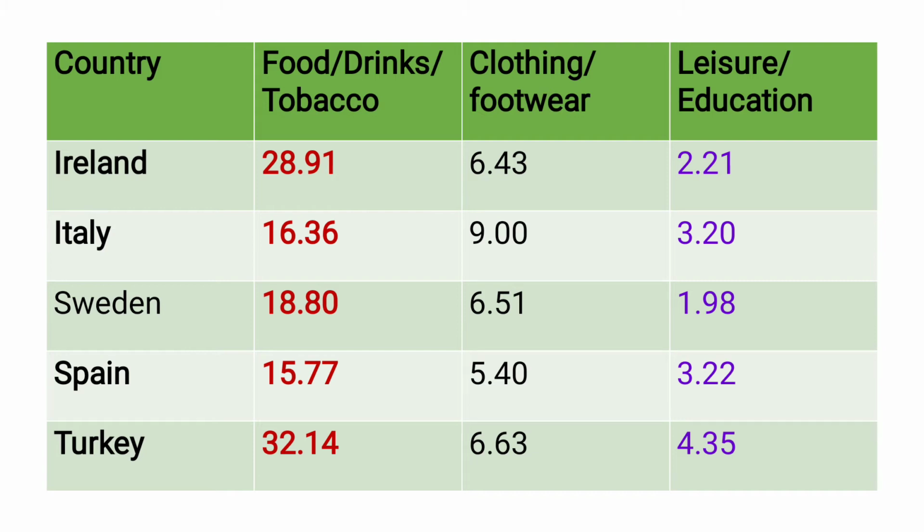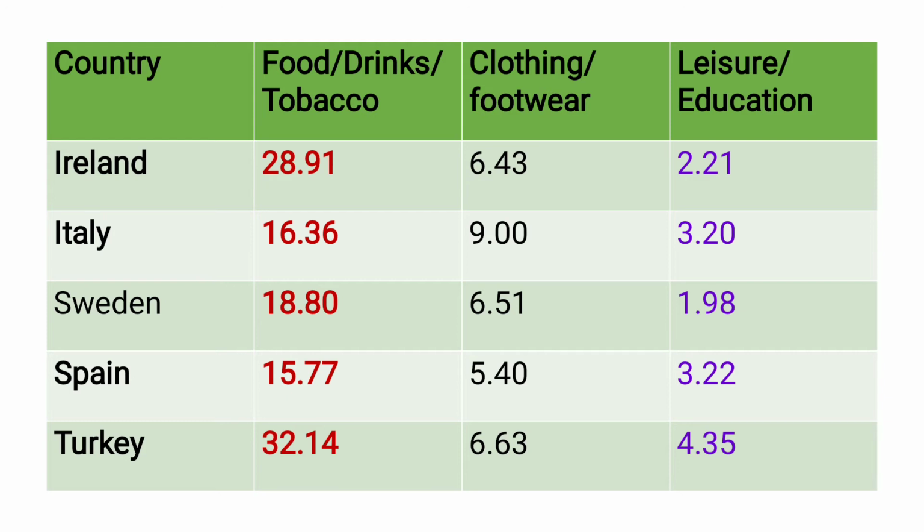You would see that the key feature in the leisure versus education column was that Turkey spent the highest on leisure and education, but the other countries spent below 4%.